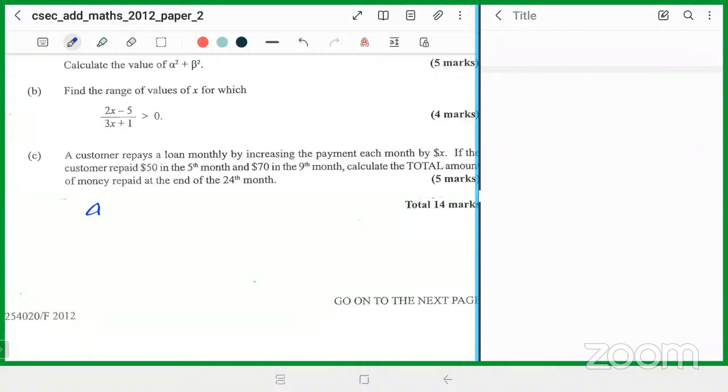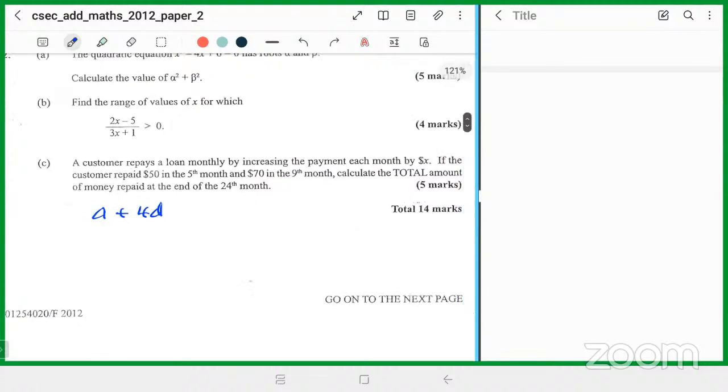I realize it's an AP because you're increasing by the same amount each month. The customer repays a loan by increasing the payment each month by X. This is like a common difference, but you don't have to worry about that; it works itself out. I'm just going to call my common difference D. So the fifth payment is $50, so A plus 4D equals 50.